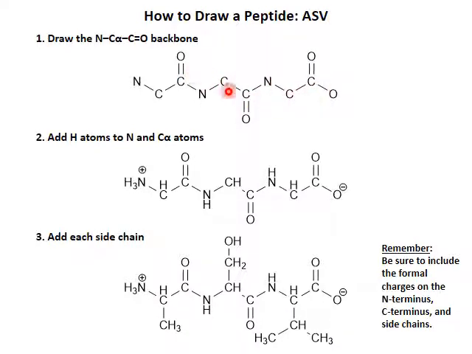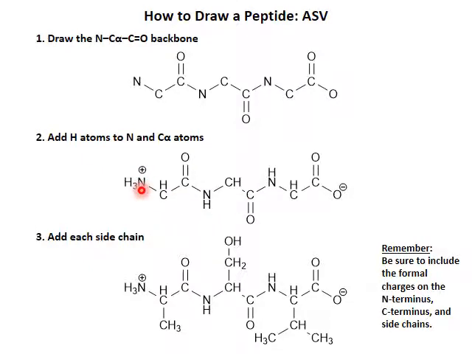So if we were to do this same peptide, the ASV peptide that we were looking at in the previous slide, this would be the backbone, and then I have to make sure I put my carbonyl groups in, right? So this is your N-terminus, this is your C-terminus. Now I'm going to add hydrogen atoms to everything in the backbone here.